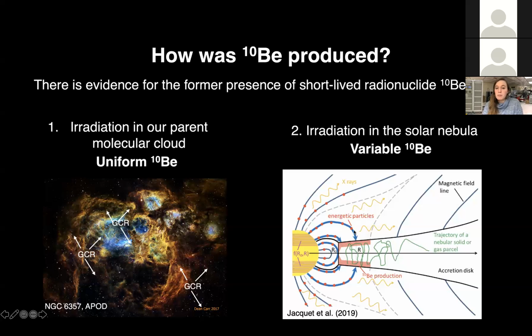But this model suggests that CAIs that are near the sun and a little bit farther from the sun, and CAIs forming at slightly different times, would get different concentrations of beryllium-10 just because of the randomness of how the sun releases cosmic rays. So we would expect then that CAIs would have quite a range of beryllium-10.